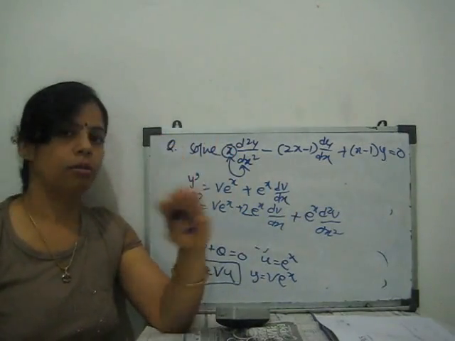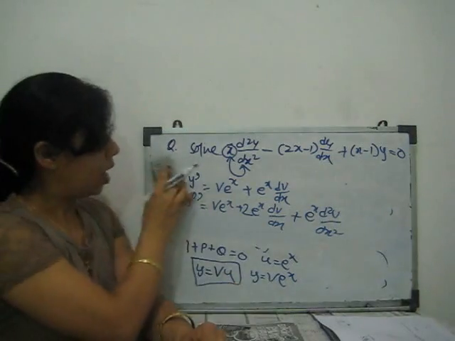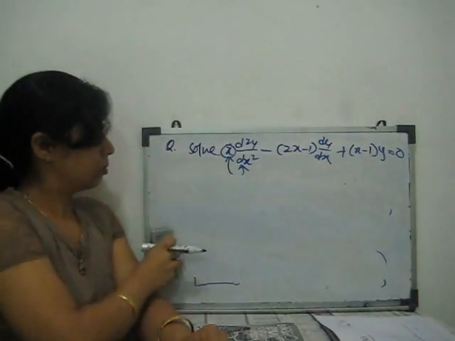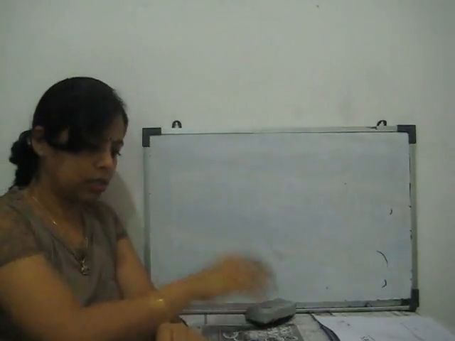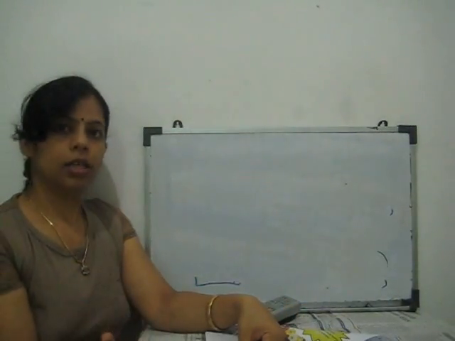So now we have to substitute all these things in the given equation. So I substitute. So what is now coming? When we substitute all these values, we can take e to the power x outside everywhere.